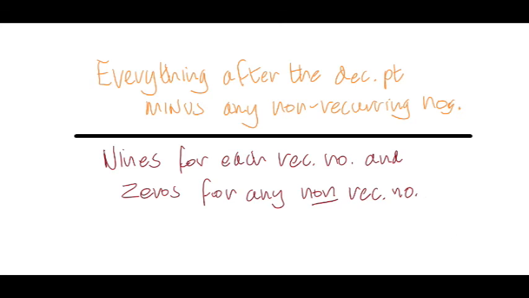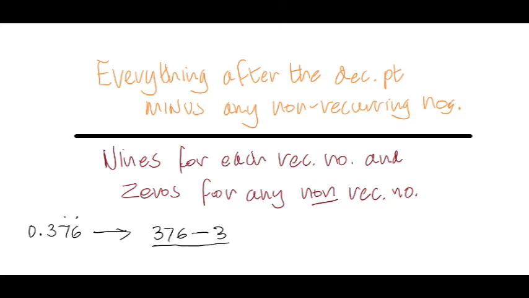Okay, so remember the examples we used. Say we have 0.376, and maybe it's just the 7 and the 6 that recur. We can say everything after the decimal point, minus non-recurring things, and that is over 9s for each recurring number.